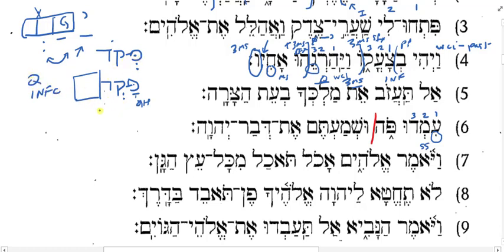Pakod, pokdi. The Qal imperatives are pakod for 2ms, pikdi for 2fs, pikdu 2mp, and pekodna for 2fp. So I can get the hiriq and silent shva under roots 1 and 2 here in the Qal imperative.